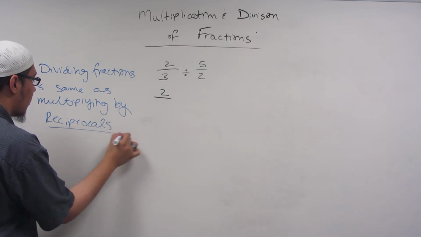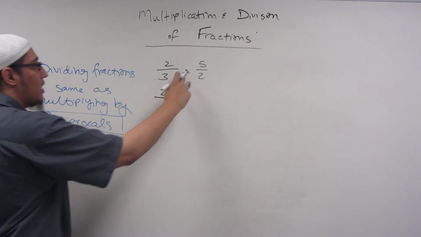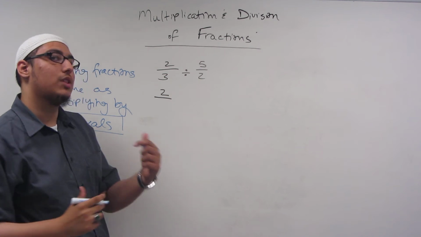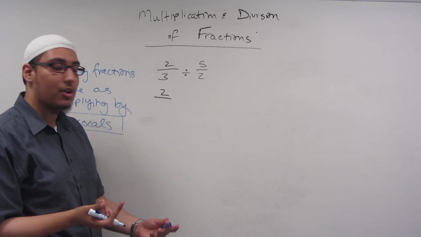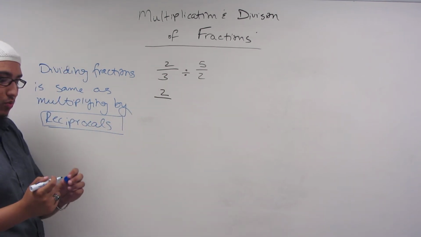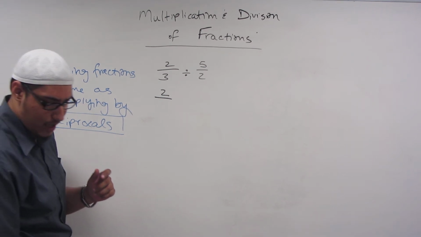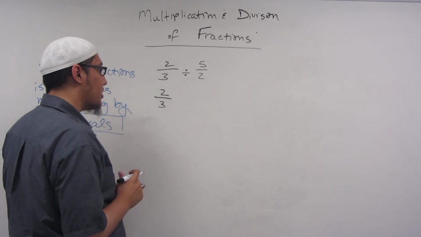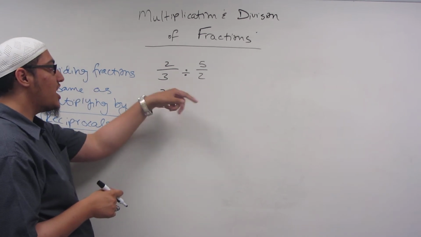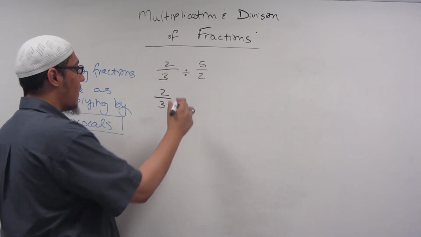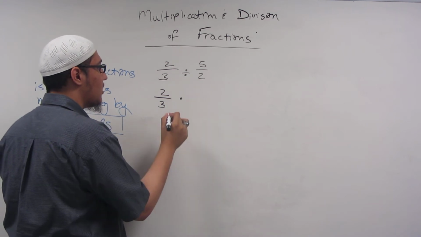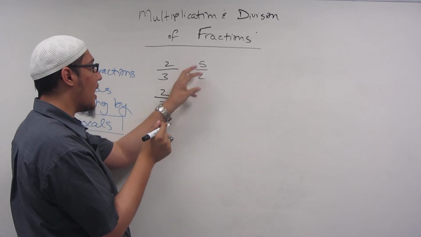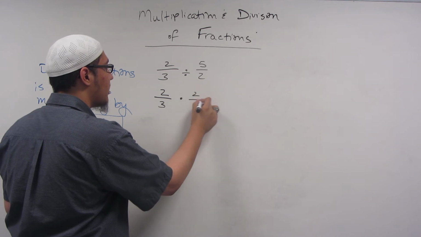The reciprocal is essentially the second piece flipped over. Well, the reciprocal is any piece just flipped over, but in this case, we want to flip just the second piece. Okay. So what will happen is that we take this first piece, 2/3, and change the sign. So change this sign to a multiplication, and then flip the second term.